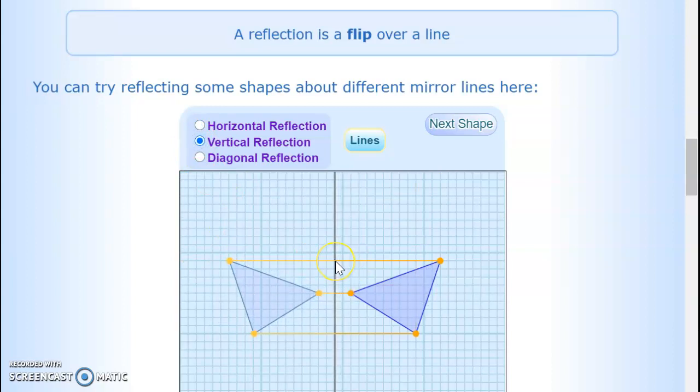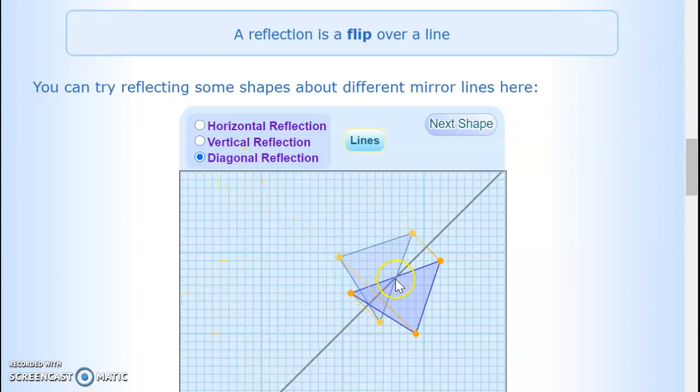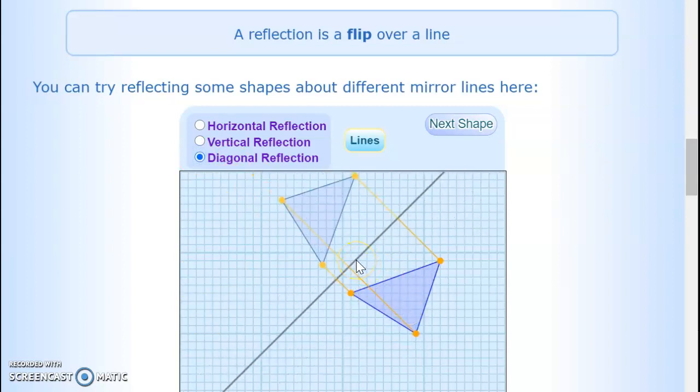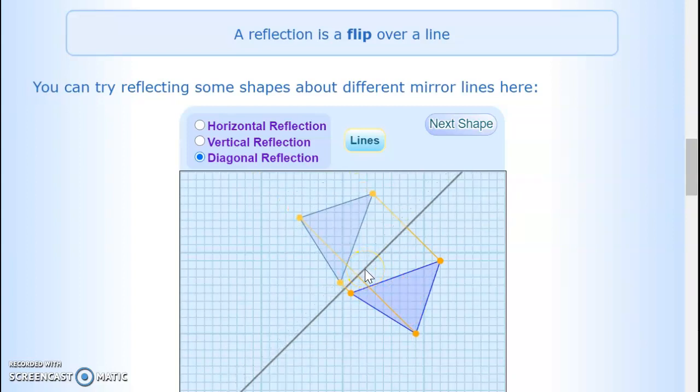Again, the original image looks like it's pointing to the top right. The reflected image is pointing to the top left. And I can also have the diagonal line of reflection like so. Again, as you move the diagonal line of reflection, it changes the location, but the orientation is also changed. And that really depends on the line of reflection.